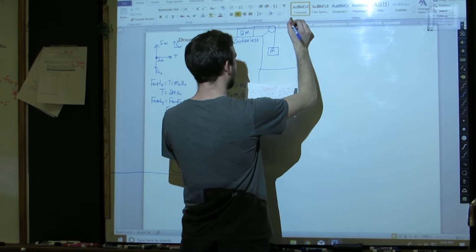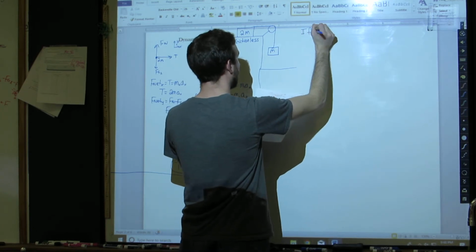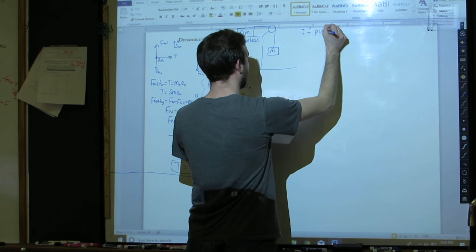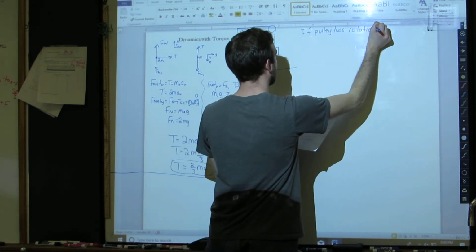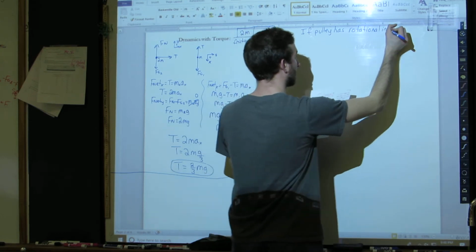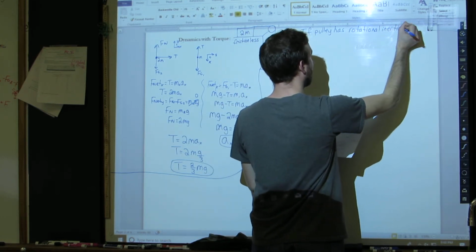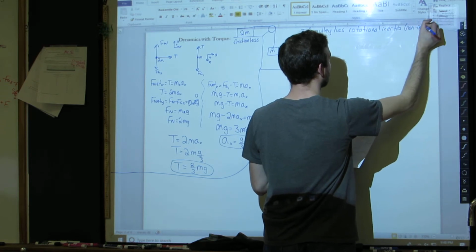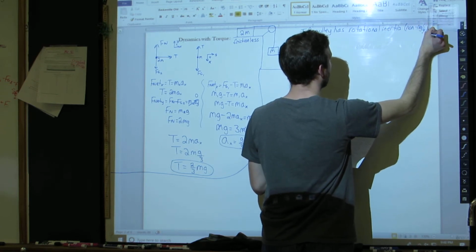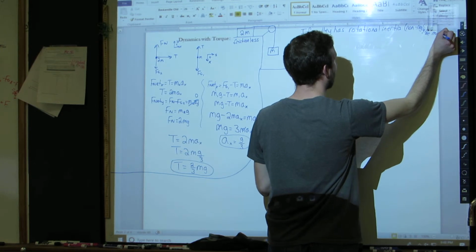We're going to write ourselves a little note. If the pulley has rotational inertia, what that really means is, does it have negligible mass? Does it have some mass? Okay?